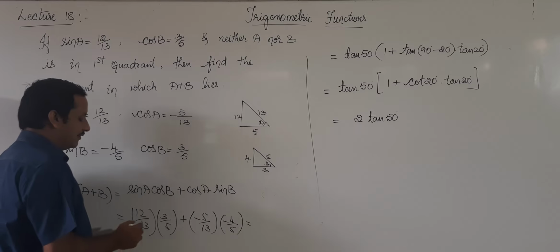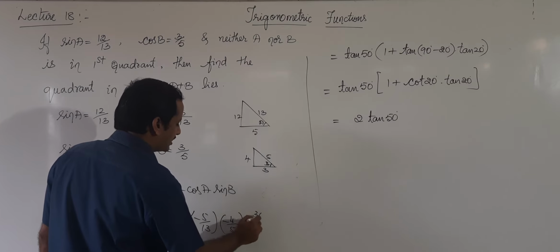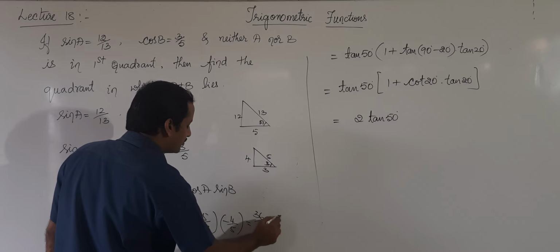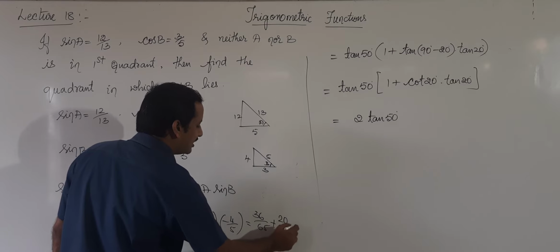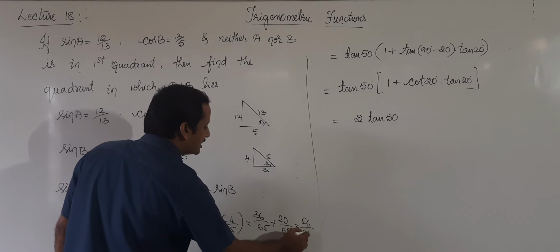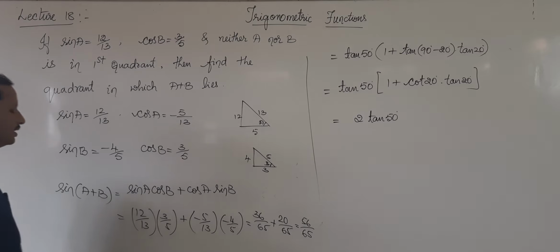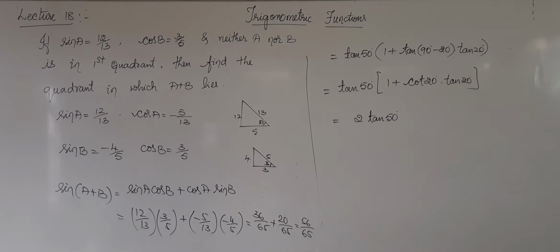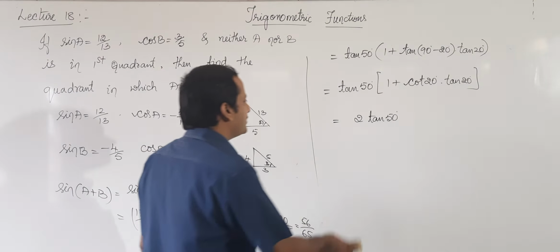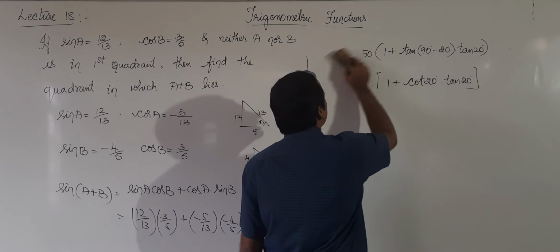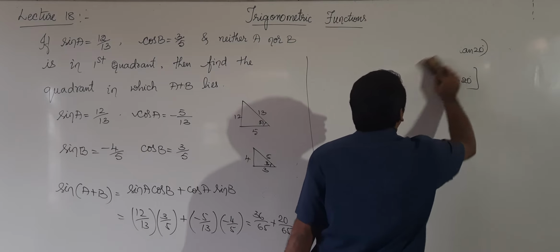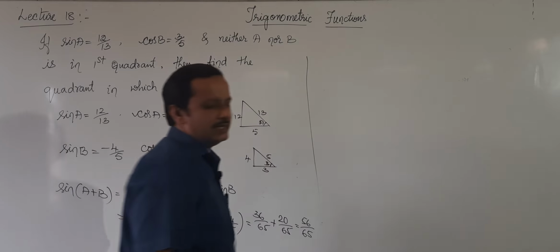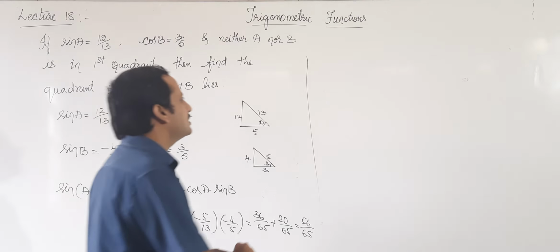So this will give us 36 by 65 plus 20 by 65, that's equal to 56 by 65. So sin A plus B is 56 by 65, which is positive. So A plus B is either in the 1st quadrant or in the 2nd quadrant. Now let us find out cos A plus B.